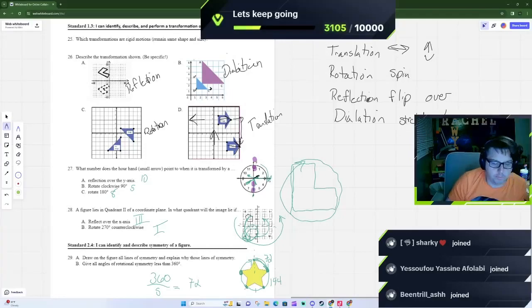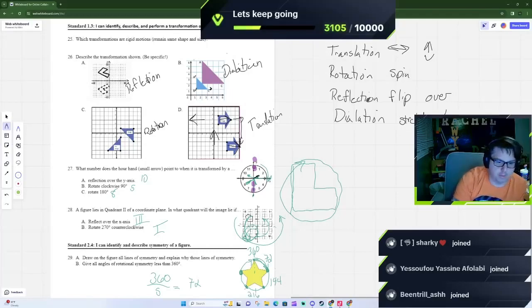You don't have to count that one. So we have 1, 2, 3, 4. We have 5 points, but we don't have 360. Remember, that's just going back to the beginning. So there's one at 72. There's one at 144. There's one at, what's that going to be? 216 degrees.